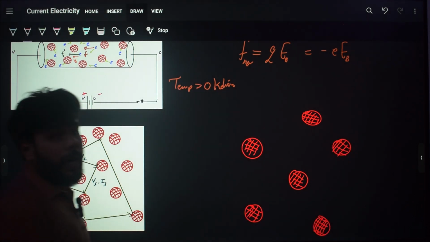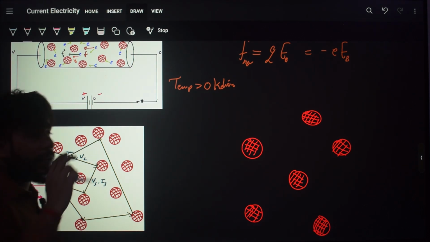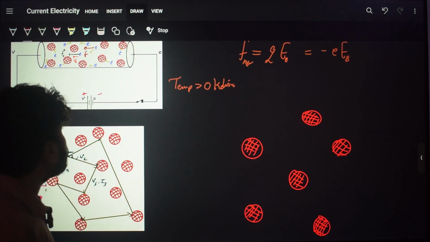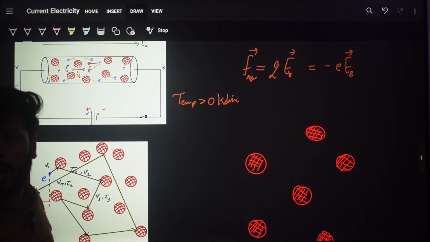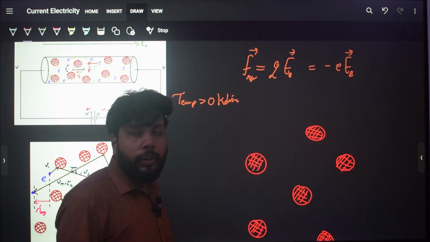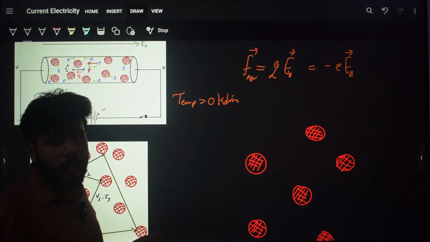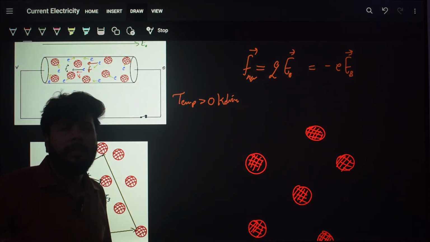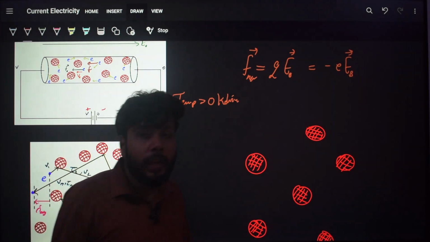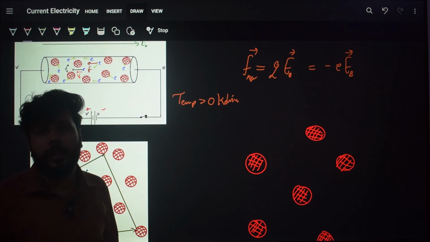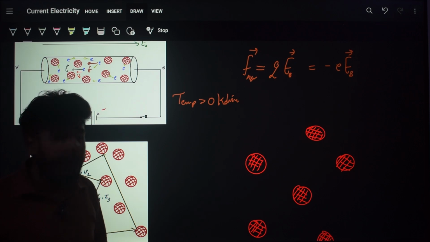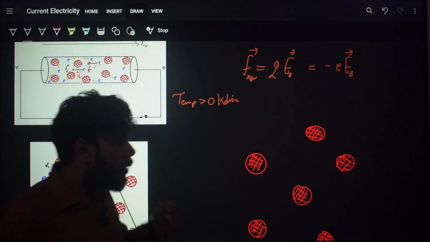So in the previous case, when there was no battery, you can understand the random motion like this. Imagine a room, say 500 square meters, and there are say 200-300 persons.